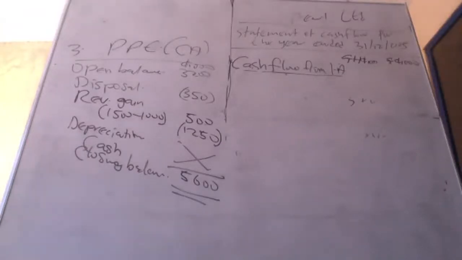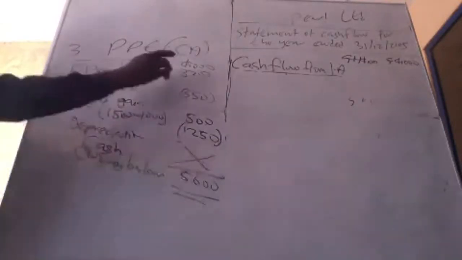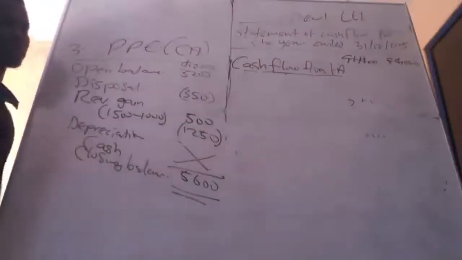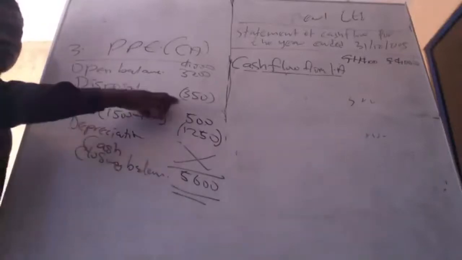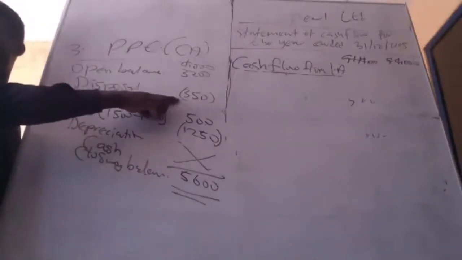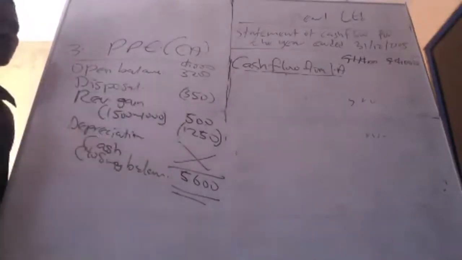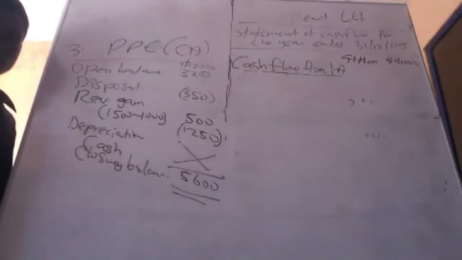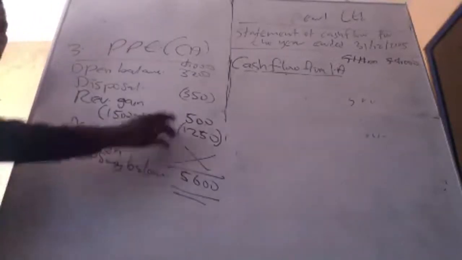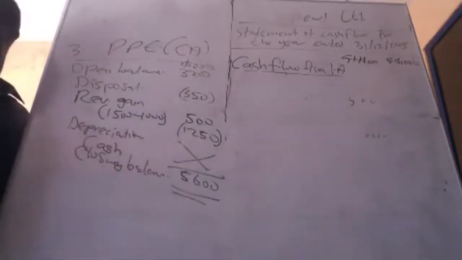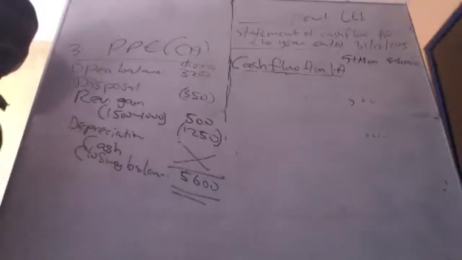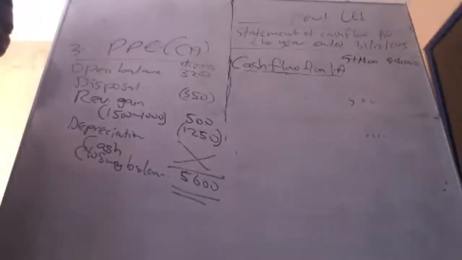So what do you get? 3,500. Okay, let's sum all this up and see the answer. 3,200 less 350, plus 350, 2,008, plus 500, less 1,250, 2,100.